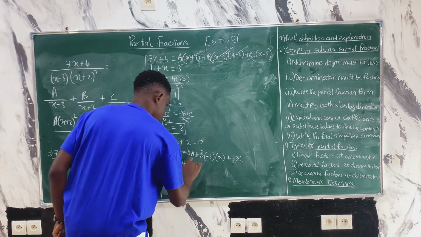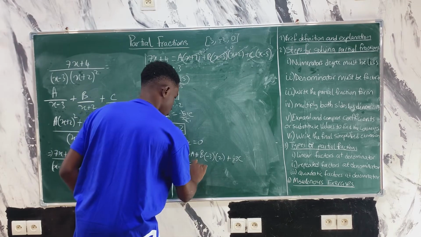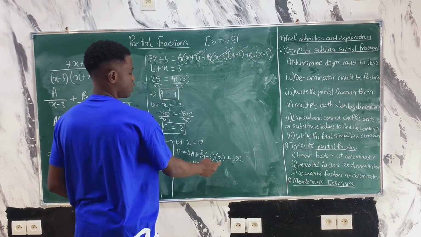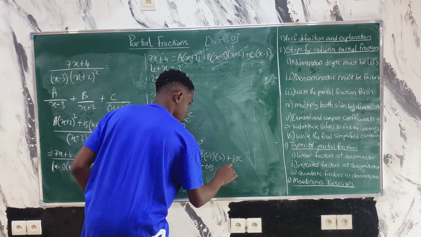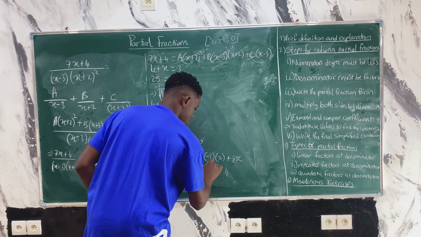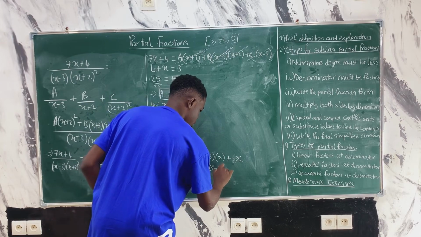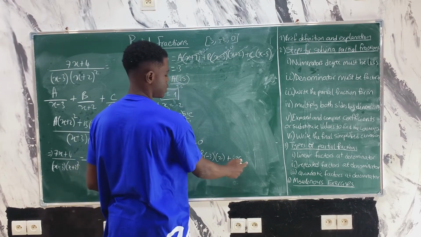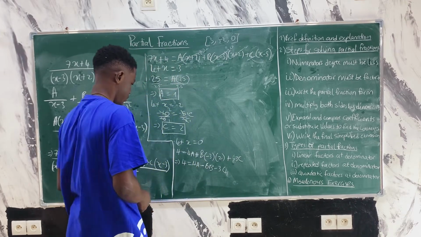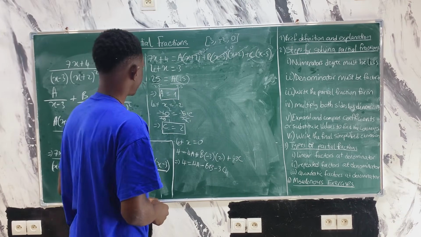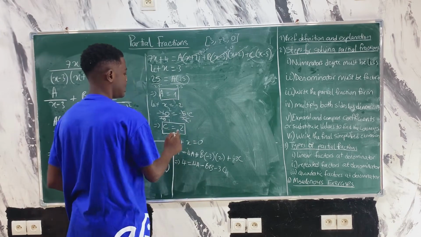This will imply 4 is equal to 4a. 2 times minus 3 is minus 6, minus 6b, and minus 3c. So from here, I can directly substitute my values of a and c.